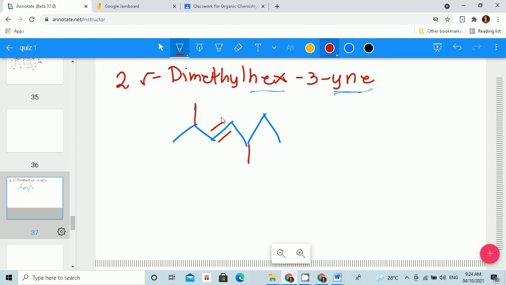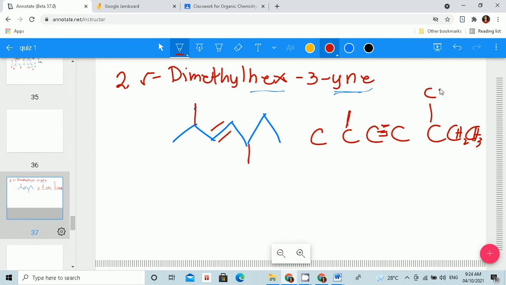And if we are asked, okay, for the condensed structure, this will become 1, 2, 3, 4, 5, 6, 7. Okay, so we have here CH3, then CH2. Okay, because in carbon 1, 2, we have methyl here. And in carbon 3, we have triple bond. And then in carbon 4, 5, we have a methyl.